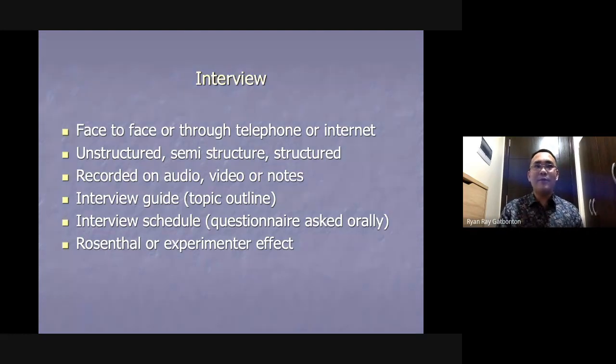Speaking of advantages and disadvantages and the ways of doing data collection, let's go back to interviews. Interviews should follow a manner of questioning. When you do an interview, always make sure that you spark interest in your interviewee. You start with questions that spark greater interest before a lesser interesting topic.